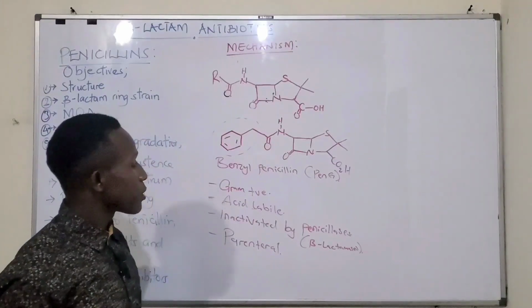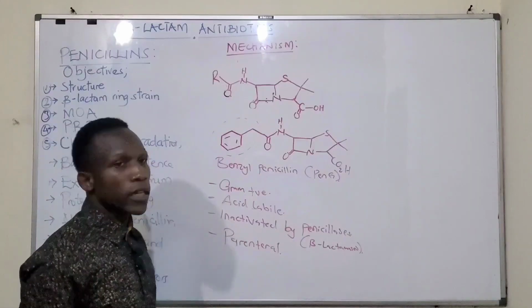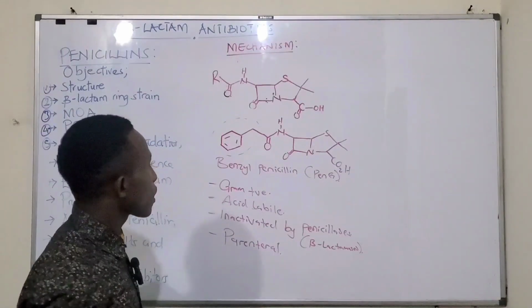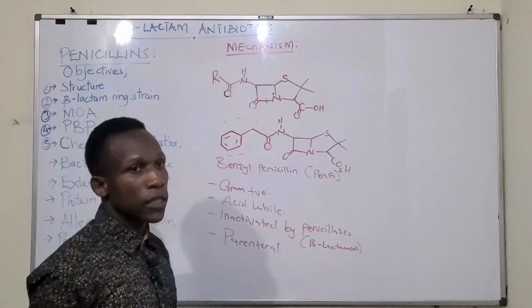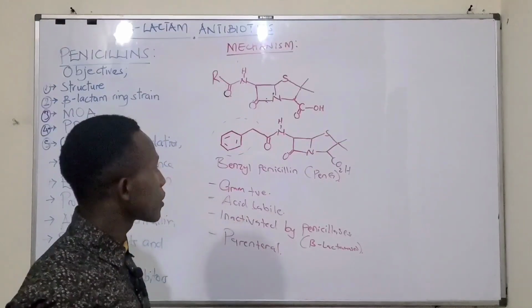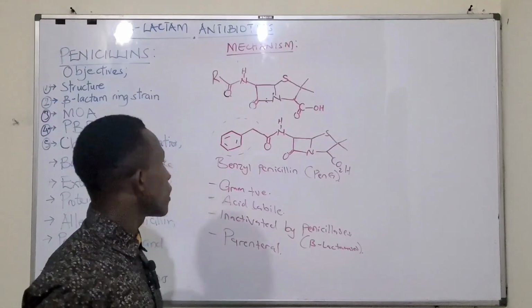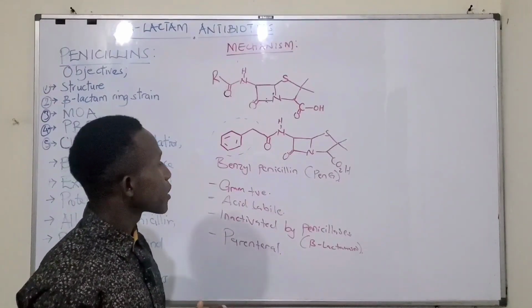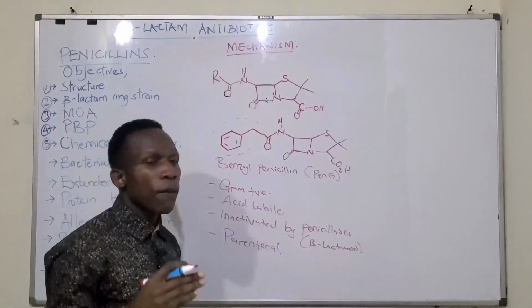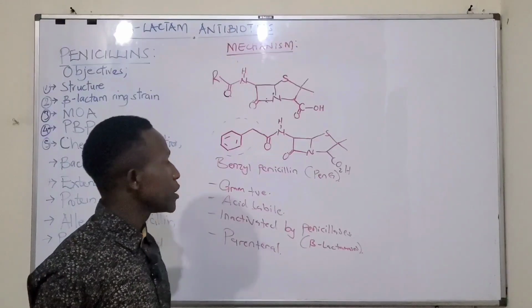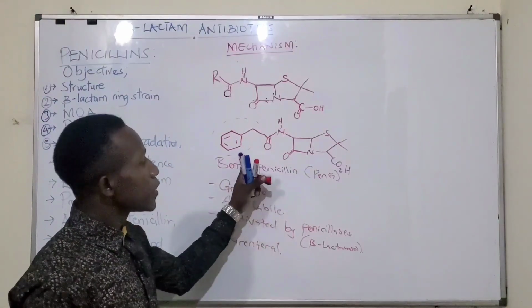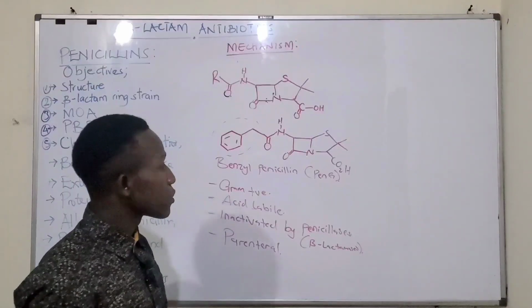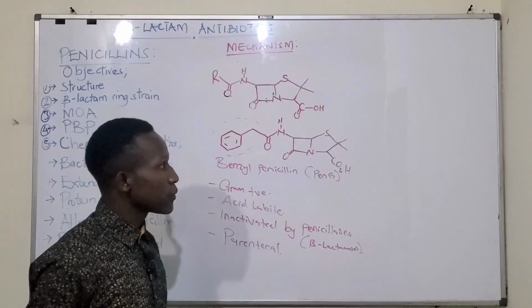Remember, the gram-negative bacteria have an outer membrane, which is highly hydrophilic because of the presence of the lipopolysaccharides. Those lipopolysaccharides make the outer membrane more hydrophilic, meaning that the lipophilic drugs are not easily passing through that membrane.